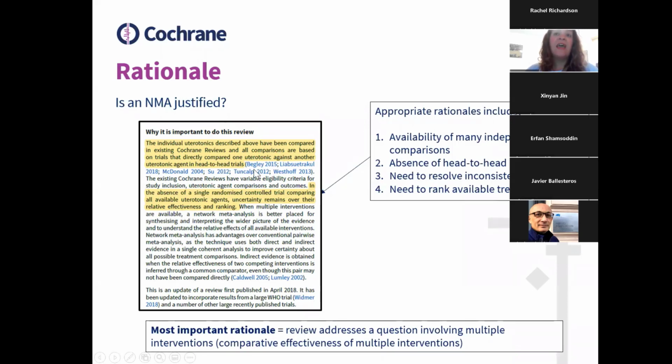So it's telling us here that there are many different independent comparisons, and there's an absence of head-to-head comparisons, and we need to resolve any inconsistent findings, and also ranking treatments might be a particular reason. But the most important rationale for justifying network meta-analysis is that the review addresses a question involving multiple interventions.